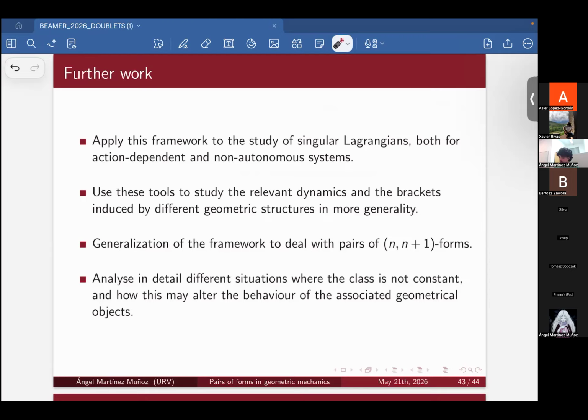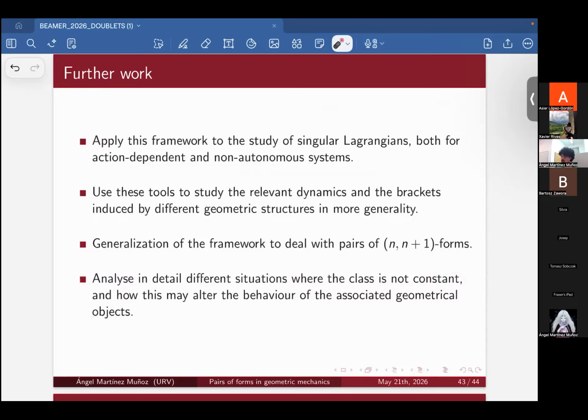Another point that would be interesting, we think, is to study more generalized doublets, even where the class might not be constant. So what happens when the class is not constant, and what can we still say, what can we not say? You will get some singularities, some stuff that will be a bit harder to deal with. So maybe this would be a bit more topological work in general.